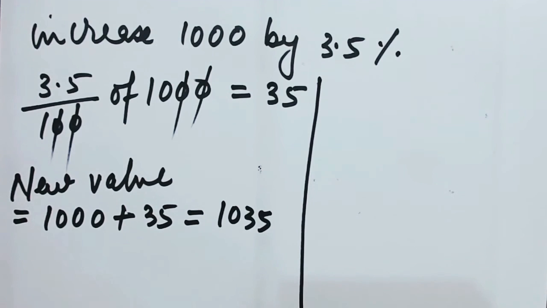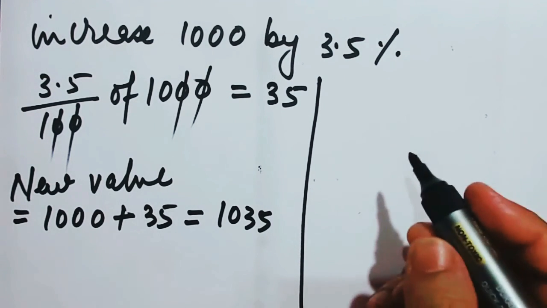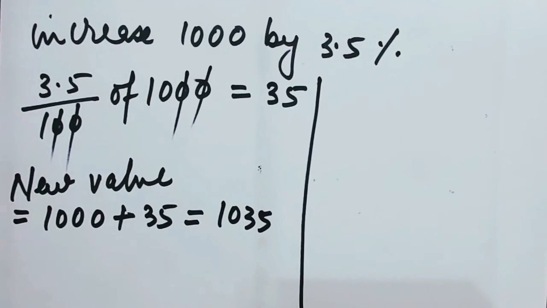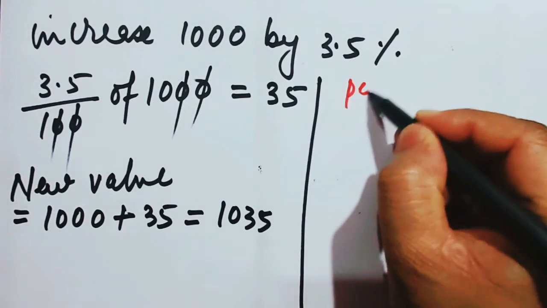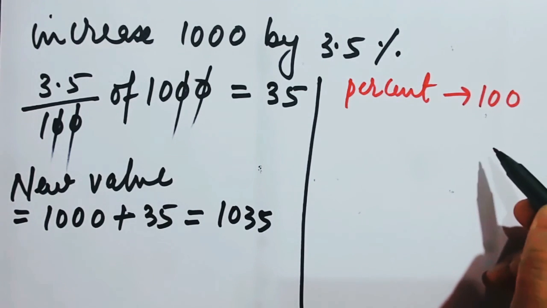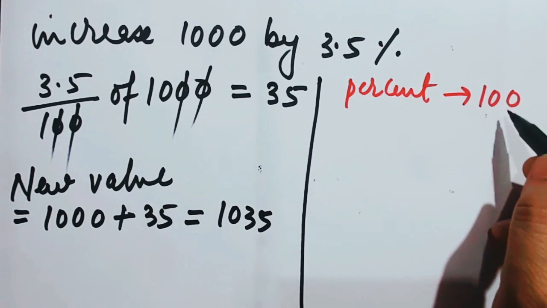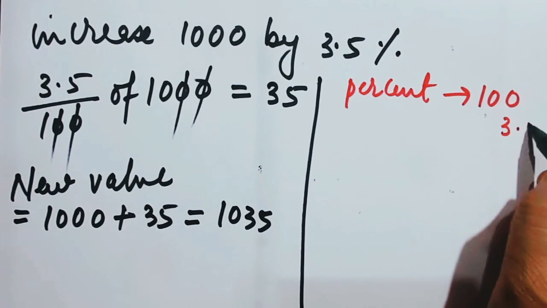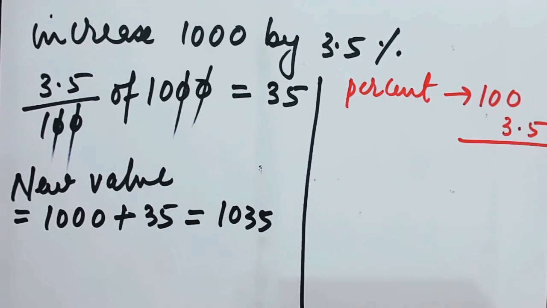Finished. Now, if I was to find out by the formula method, as I said, your percent is already 100. If I increase this by 3.5, here you might make a mistake.